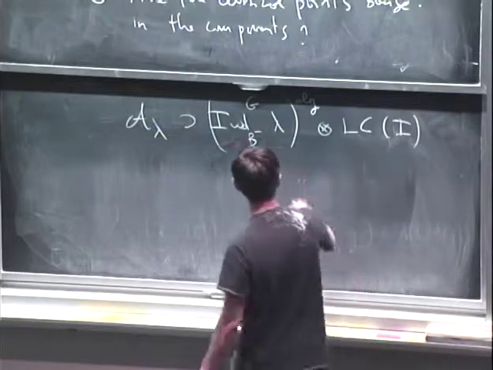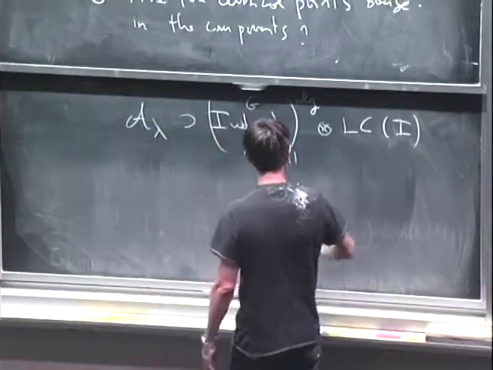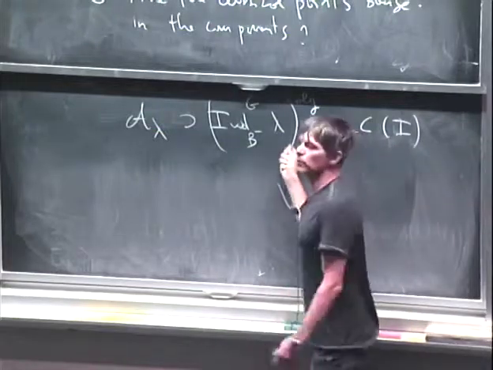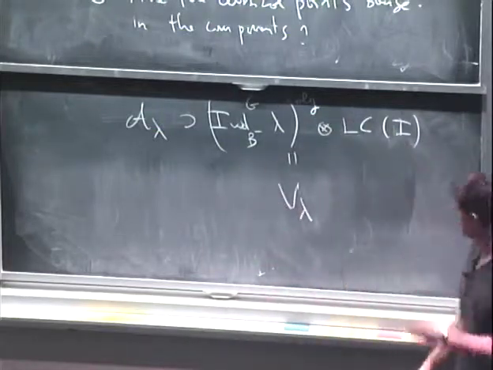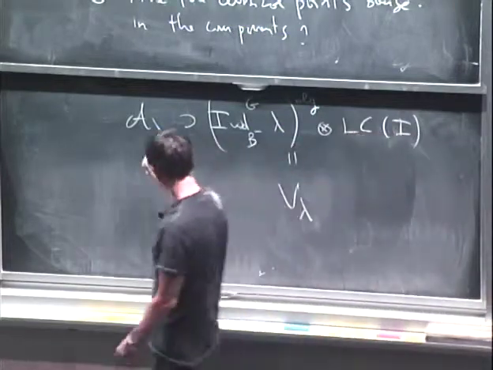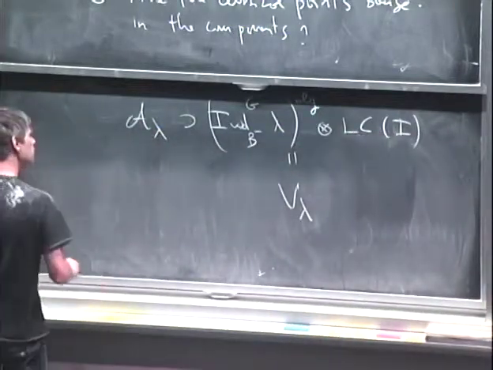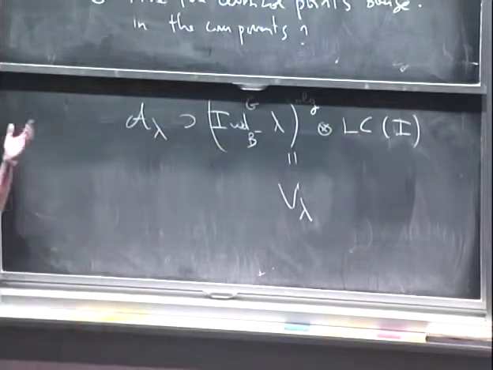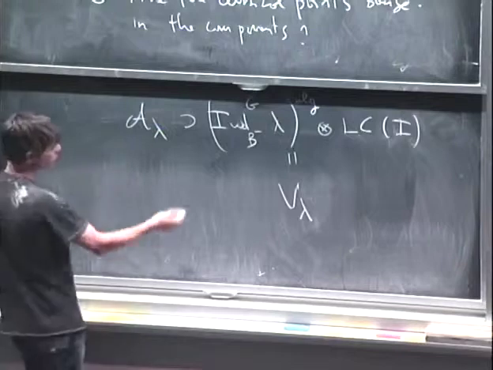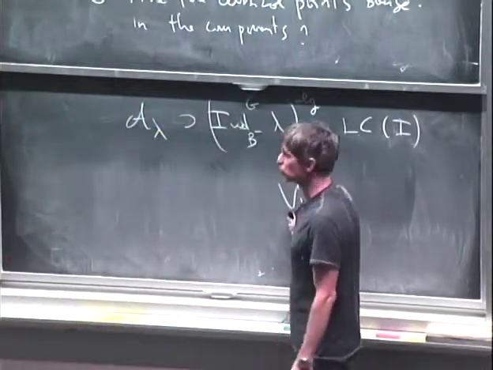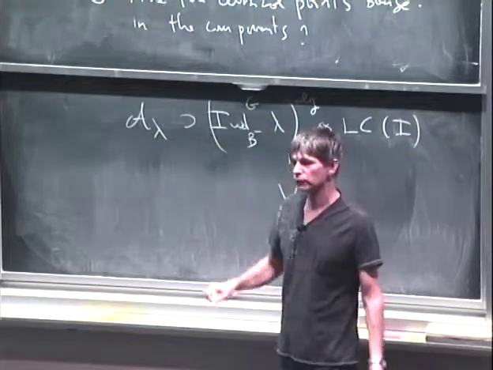So this is what I call V_lambda. So this is the irreducible algebraic representation of highest weight lambda, and so it sits in A_lambda. And so one thing that comes in that theory is that we also want to compare the cohomology of this representation, or its dual, with the cohomology of D_lambda.